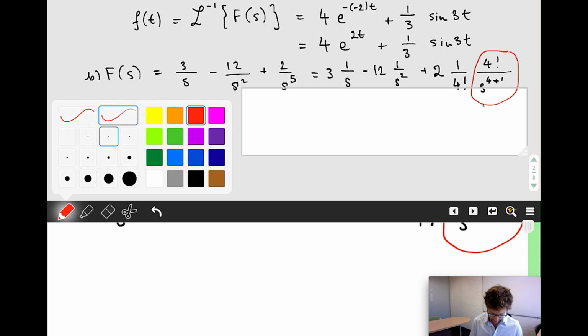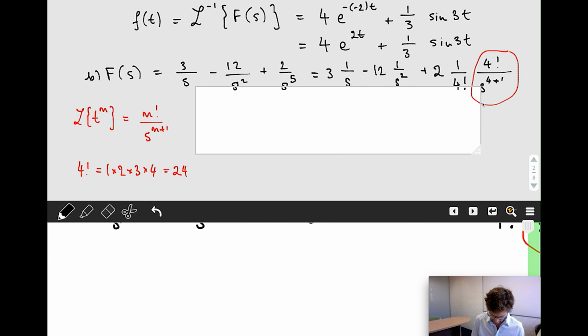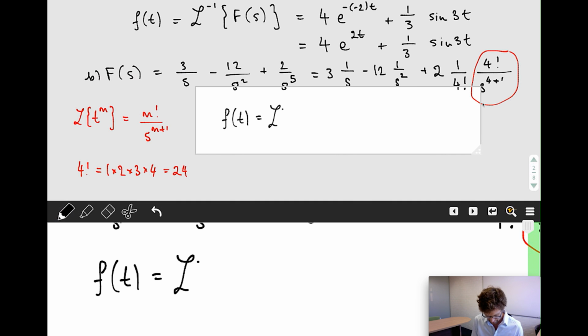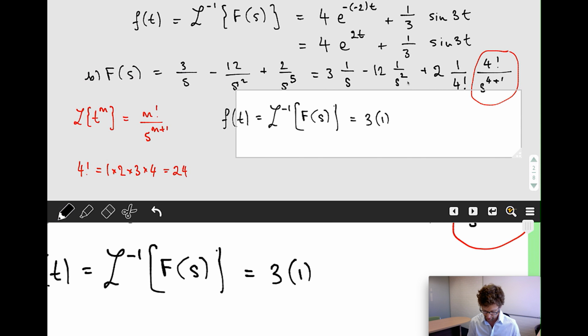So let's stick all that together. We've got that f of t, which we're writing as the inverse Laplace transform, curly L to the power of minus 1, of big F of s, is going to be equal to 3 times the inverse Laplace transform of 1 over s, and we saw that that was the constant 1, minus 12 times the inverse Laplace transform of 1 over s squared.